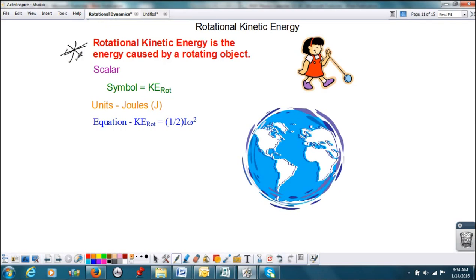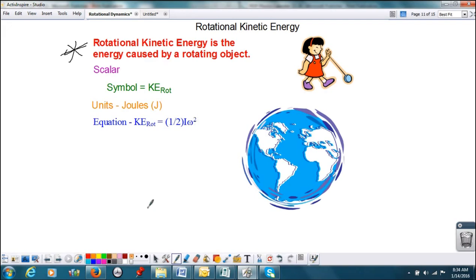So in order to have rotational kinetic energy, the object must be rotating. It is a scalar. That means we don't worry about the direction. The symbol is kinetic energy with a subscript ROT. The units are joules, and the equation is the rotational kinetic energy is equal to 1/2 the moment of inertia times the angular velocity squared.